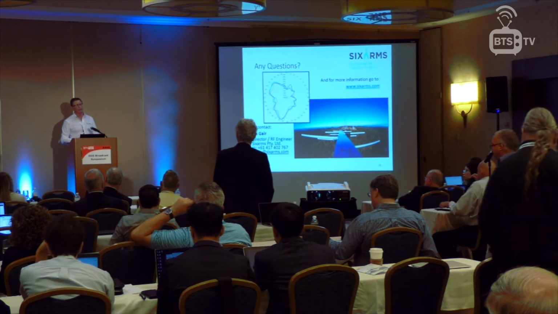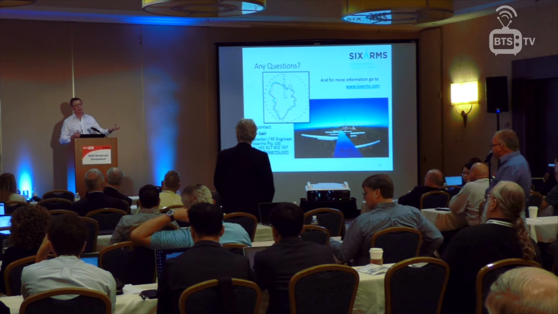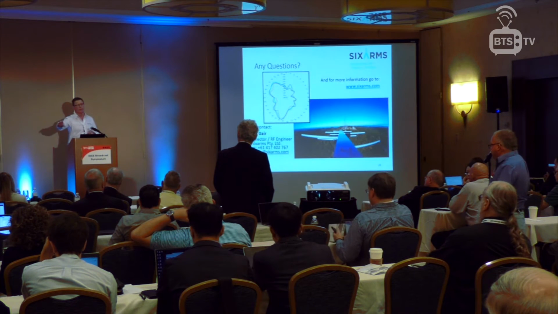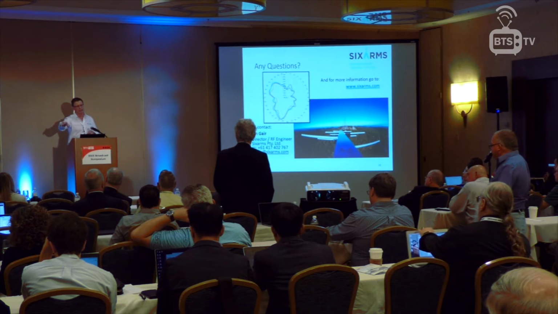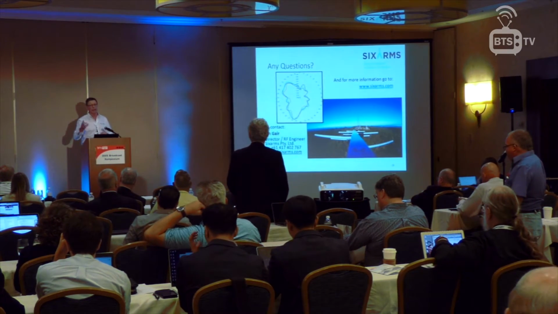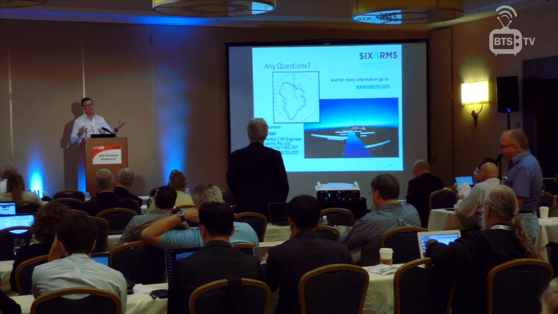So the broadcaster was left in the dilemma: do they actually fix it or not? If they fix it and put it back, then all of those masthead amplifiers close in are going to be overloaded. So the broadcaster in this particular case decided to leave it as it was, faultily installed.